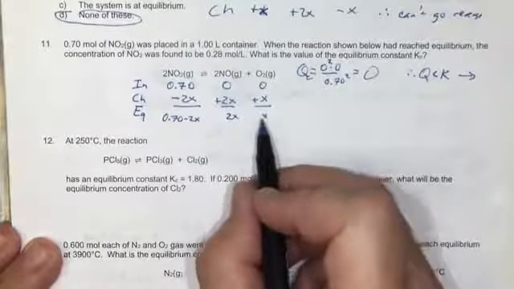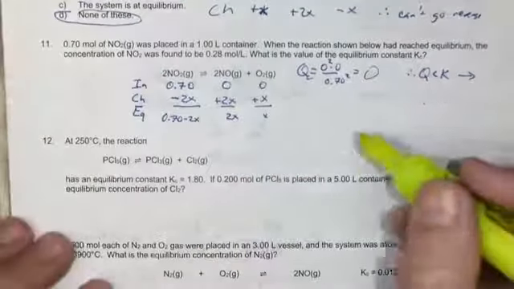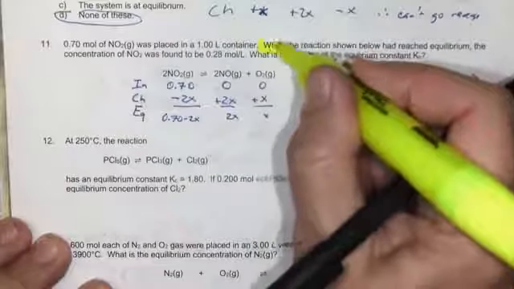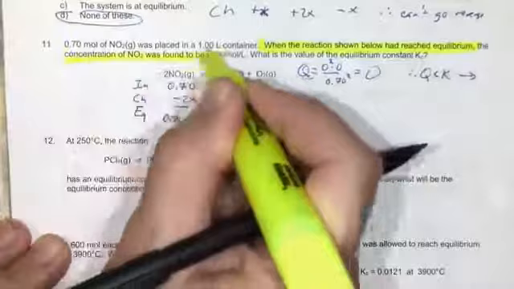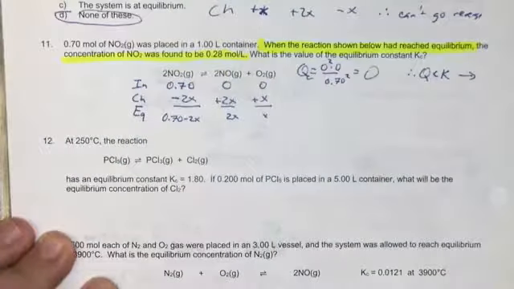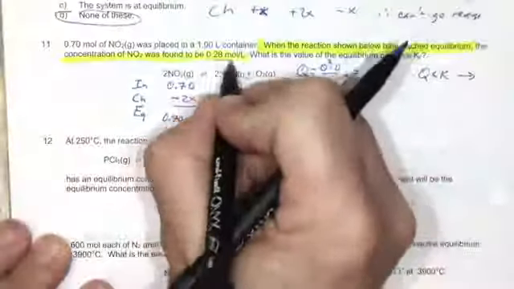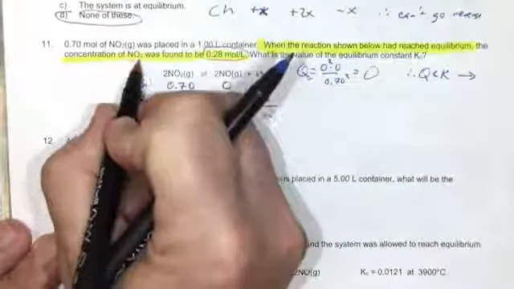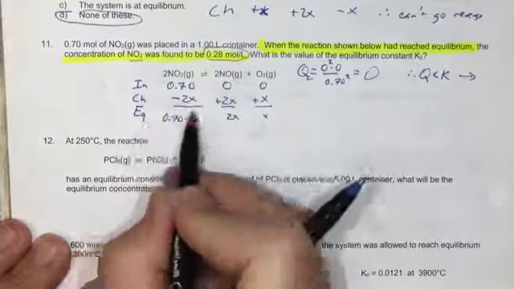Well, once we have this and once we read the information, this says that when the reaction reached equilibrium, the concentration of NO2 was found to be 0.28 moles per liter. Now, notice what they're telling us. This 0.28 is the concentration of NO2 at equilibrium, and that is on this line.